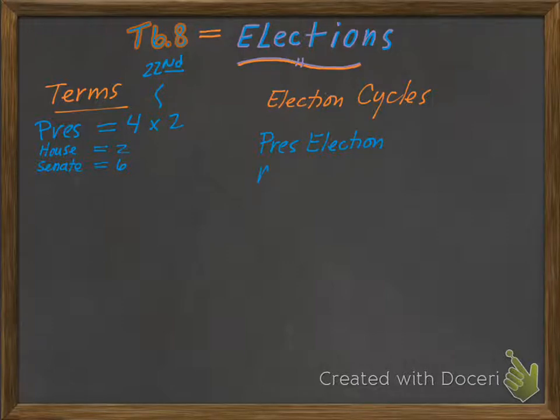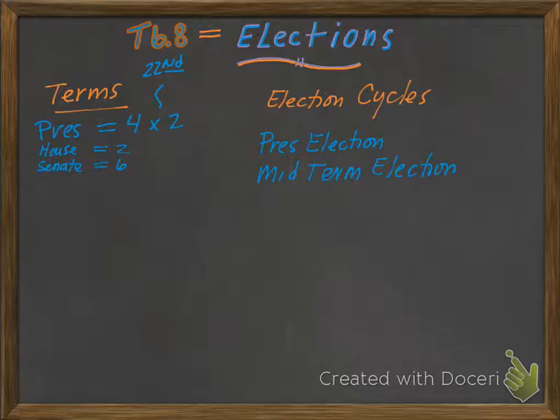The next type is what we call a midterm election. And as you could probably guess, a presidential election cycle is during an election where we elect a president. A midterm election cycle comes in the middle of the presidential term.